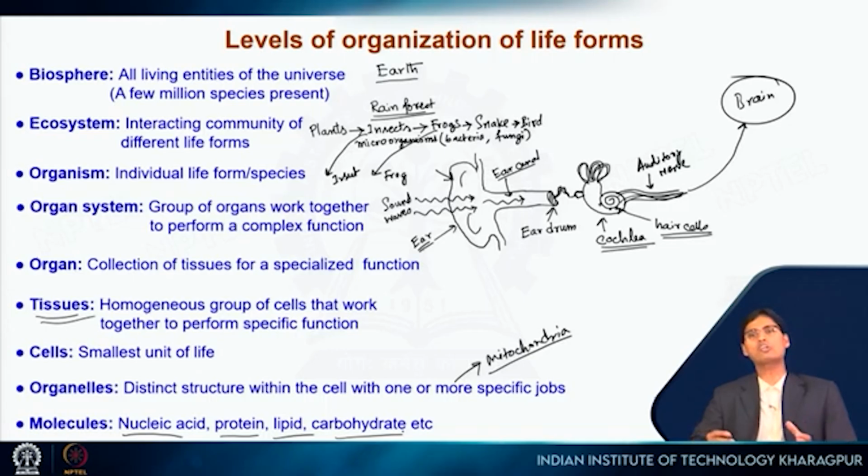You will see a lot of diversity, and from the outside they look very different. But if you look at the molecular level, at the cellular level, they are very similar. Even plants, bacteria, animals, humans, the basic mode of action is similar. At the molecular level, they are very close to each other. So in this course we are mostly focusing on this basic, fundamental understanding of how life forms work.